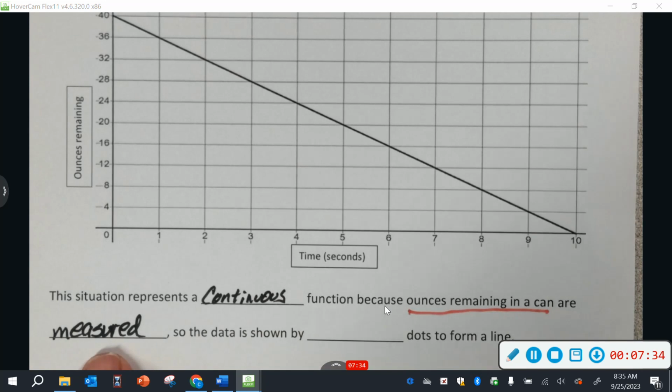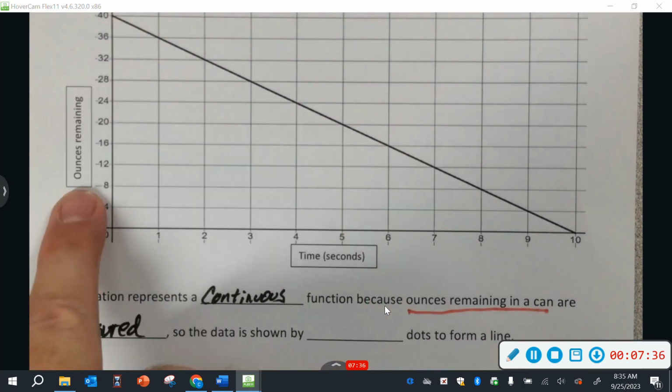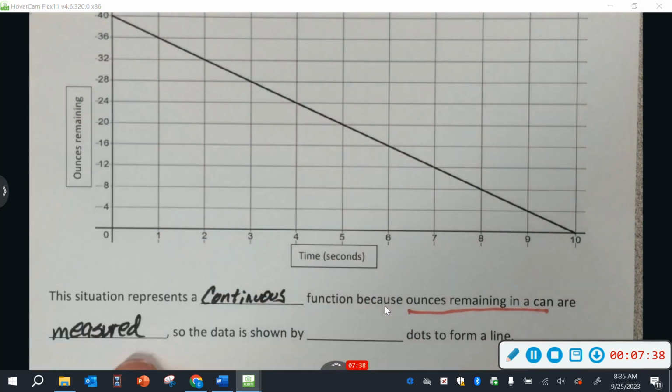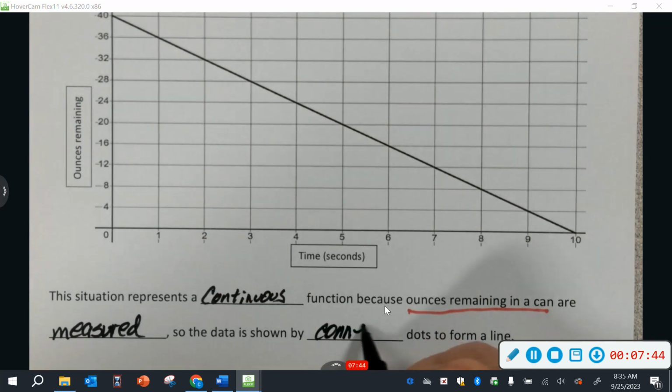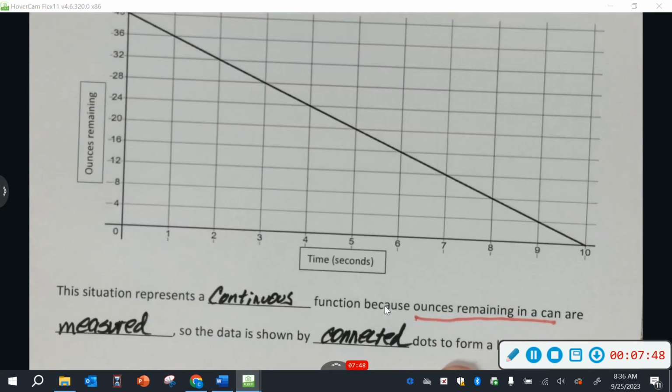All right, we're measuring how much is remaining in the can that Logan spilled. So the data is shown by connected dots to form a line.